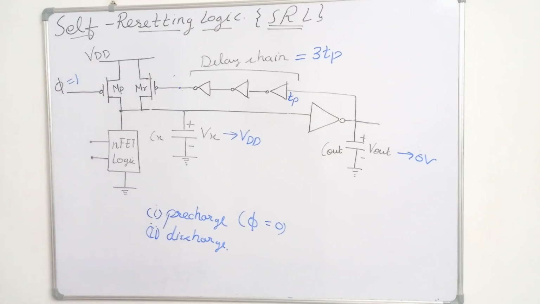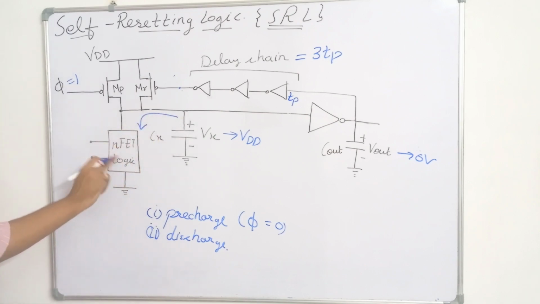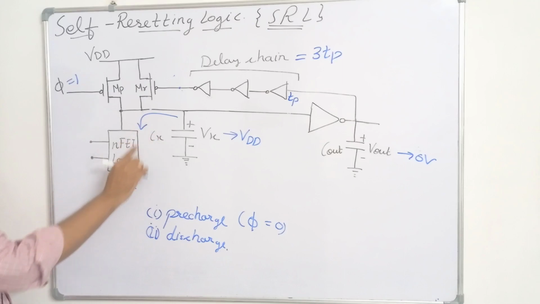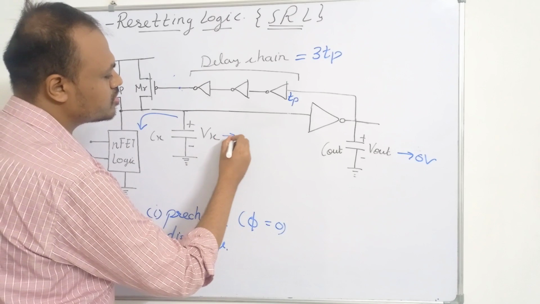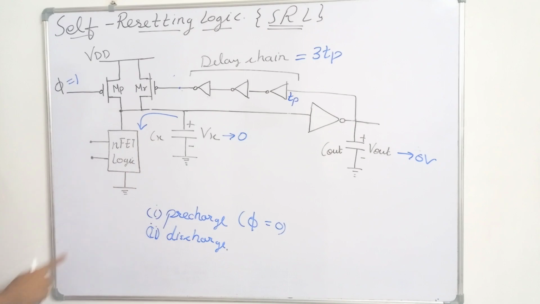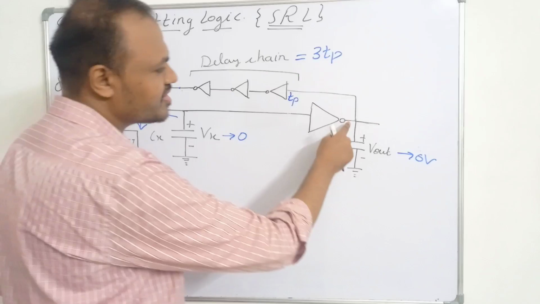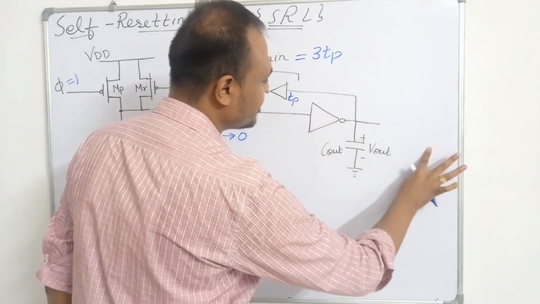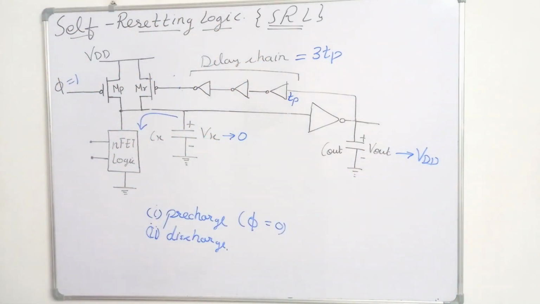Depending on the nFET logic, this capacitor will discharge through this path, and Vx will go to 0 volt. If Vx goes to 0 volt, it is applied to this inverter, so it will go to high or voltage level VDD. So Vout will be equal to VDD.